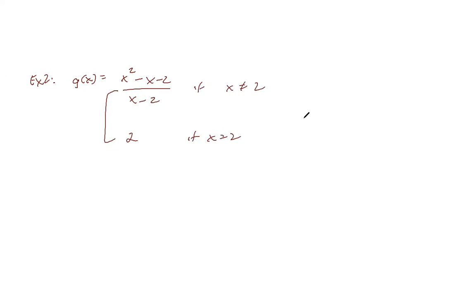Now, we could graph this thing if we wanted to and figure out what it looks like. It's not always necessary to do that. We can see that there's an issue at 2, right? There's obviously a discontinuity there, so we should investigate that. In order to investigate it, I'm just going to quickly figure out what's going on with this function by factoring the numerator, seeing if it cancels with the denominator somehow.